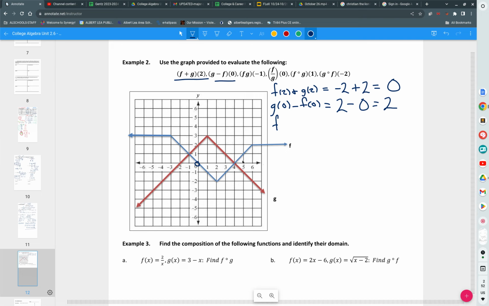You try f times g of negative 1 and f divided by g of 0. You try those two on your own.